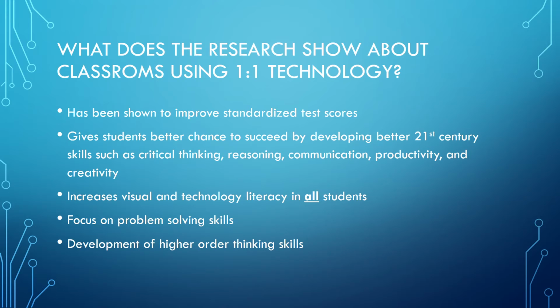Students that are impoverished, students that are disadvantaged, they get the benefit of visual and technology literacy through school and throughout the school day. One-on-one technology puts the focus on problem-solving skills and helps develop higher order thinking skills, which are all essential parts of 21st century skills.